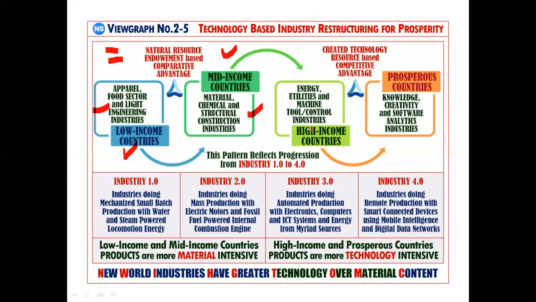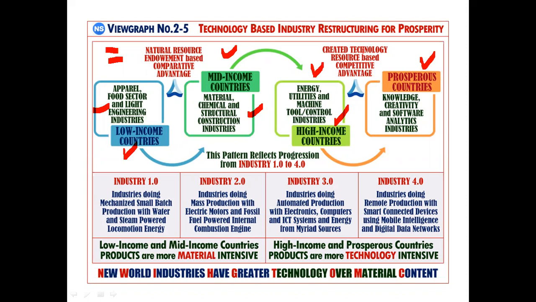On the other hand, in high-income economies and prosperous economies, these are the energy, utility, and machine tool control industries, and here knowledge, creativity, and software analytic industries. Most important here is created technology resource-based competitive advantage.